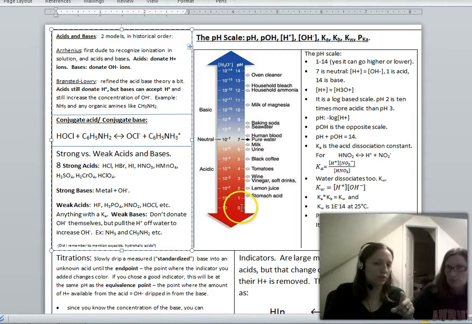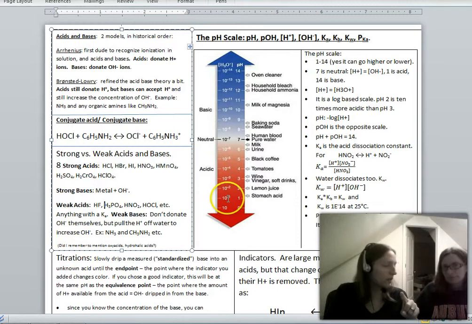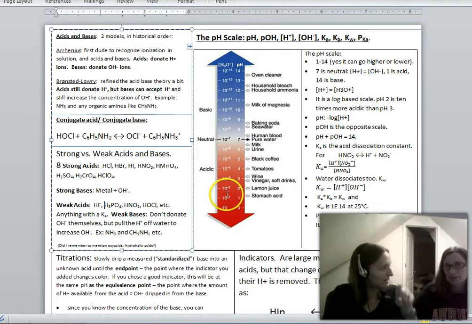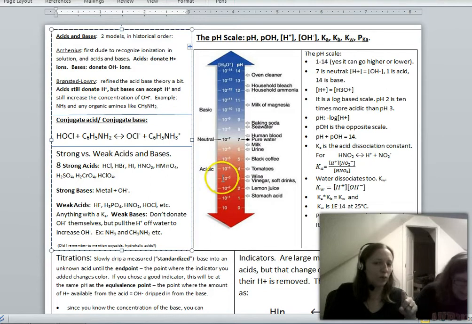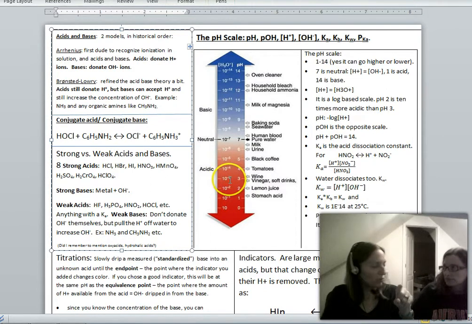There are 0 zeros. 1 times 10 to the negative 1st power concentration is 0.1. How many decimal places is that off? That's 1 decimal place off. 1e negative 2, 0.01 is 2 decimal places off, so it's pH 2. And 1e to the negative 3 is 0.001, so that's 3 decimal places, so that's pH 3.